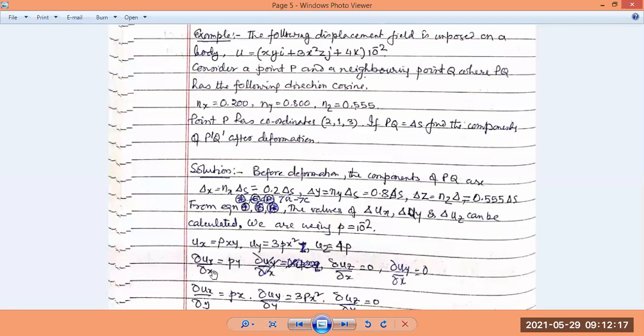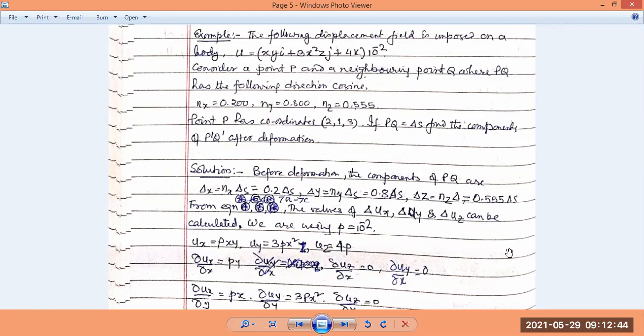Thus we have got, in terms of x, y, z: ux is equal to p times xy, uy is equal to 3 p x squared z, and uz is equal to 4 p. Now, in order to know the change in delta ux, delta uy, and delta uz, we have already discussed how we can go about it.